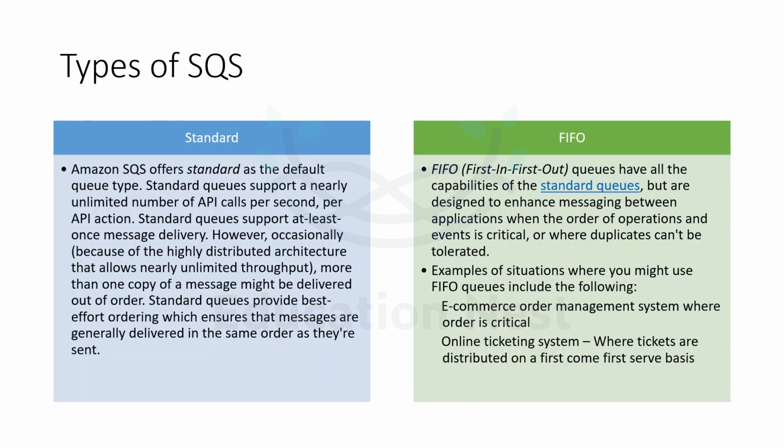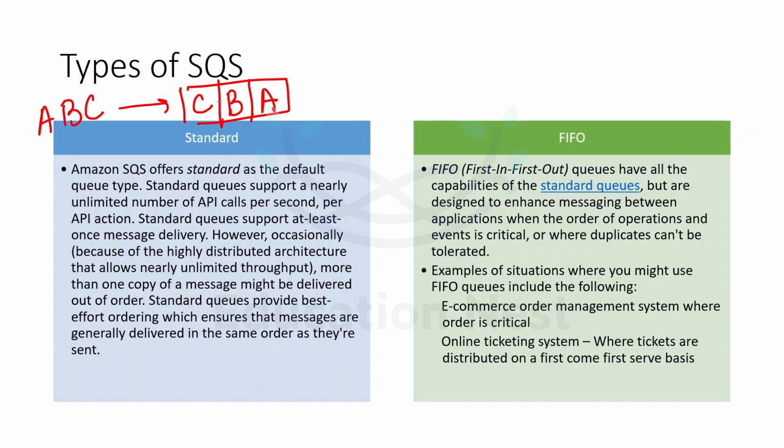Generally, the messages would be in ordered form. Let's say that I sent the orders A, B, and C. C is sent first, B is sent next, and A is sent third. Suppose that is the case. So in the queue also, C will come first, B will come next, and A will come last.